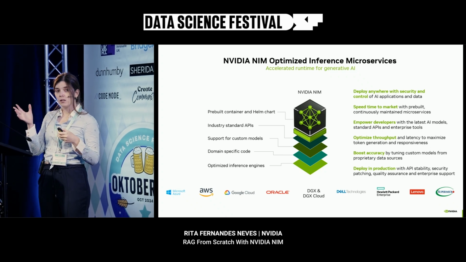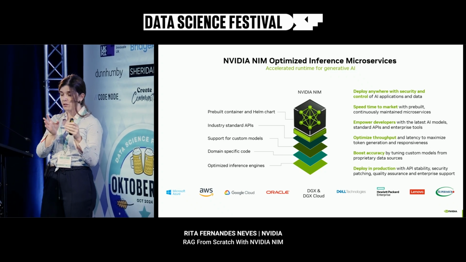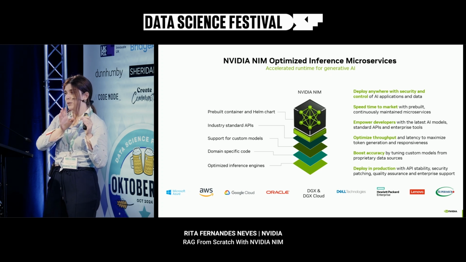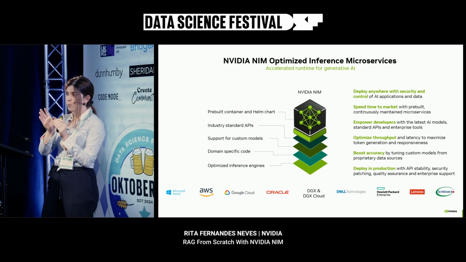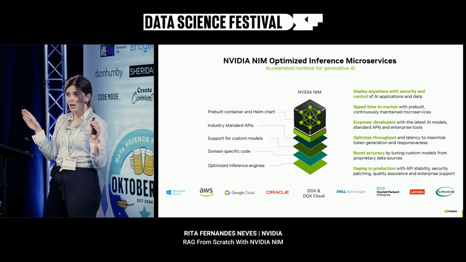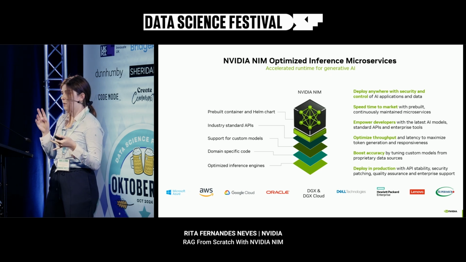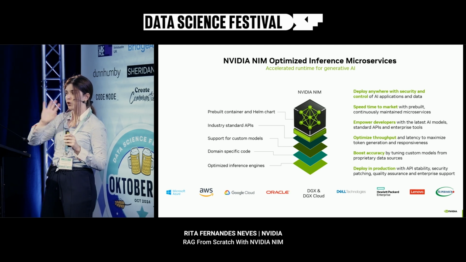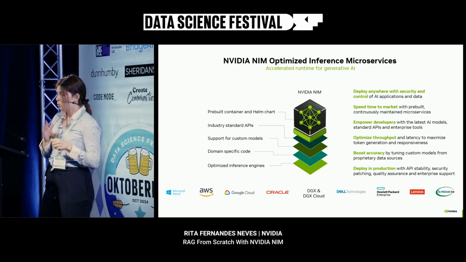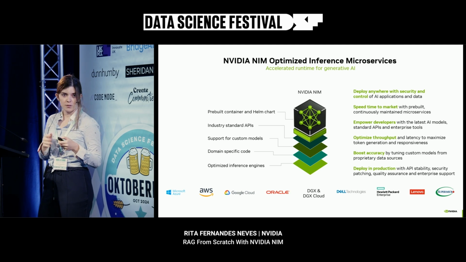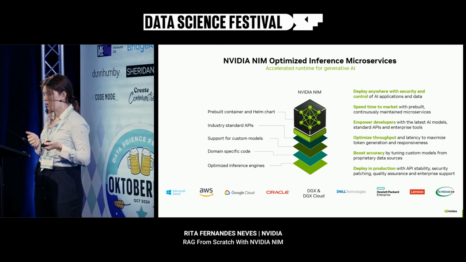It will be supported for one specific model. So one NIM will be specific for one model because it is fully optimized for that model specifically. So the engine is optimized, the whole code is optimized for deployment of that model, which means that in theory, we have thousands of NIMs for the thousands of models that we have.